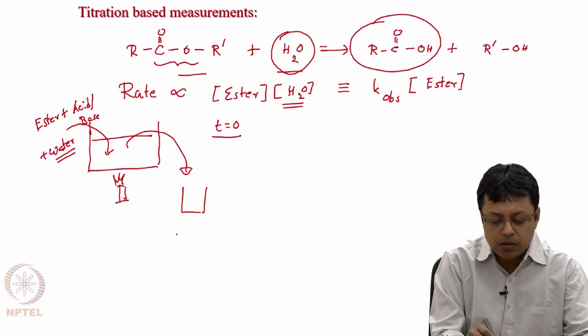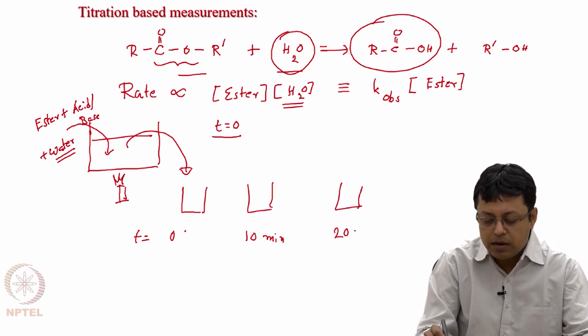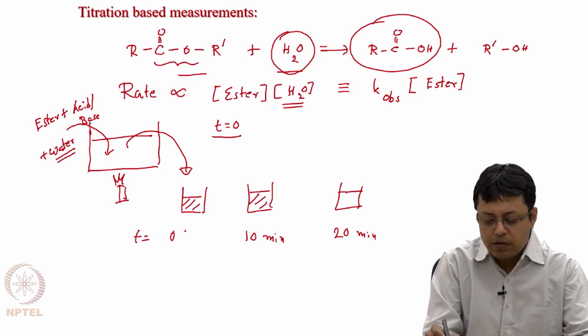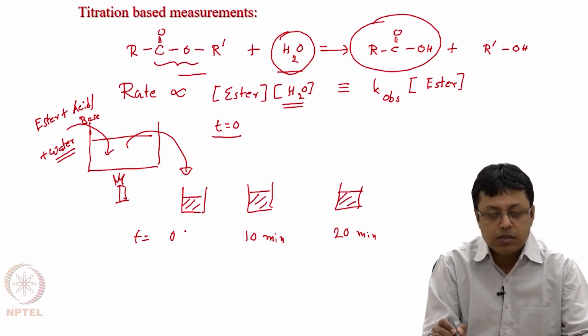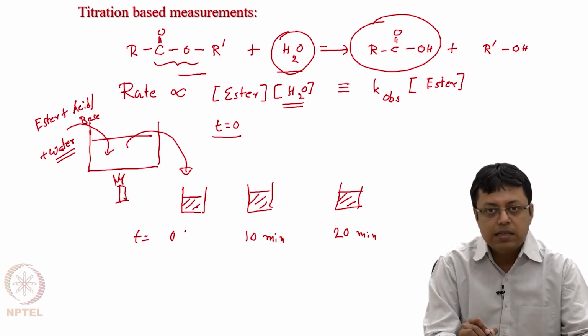Suppose we take it close to T equal to 0, then again after 10 minutes, then again after say 20 minutes, and you take an equal volume of the mixture each time. Since the concentration is changing, the amount will also change, and if you titrate this same volume, you will see the amount of acid is increasing, which you can convert into the concentration of the acid.